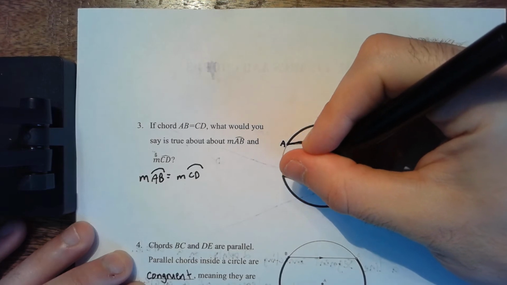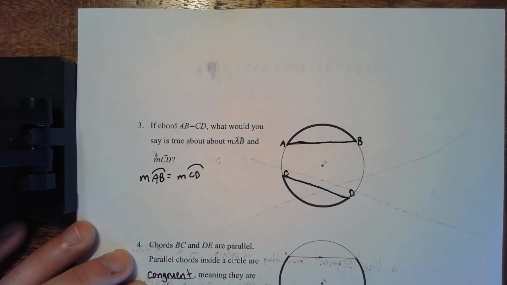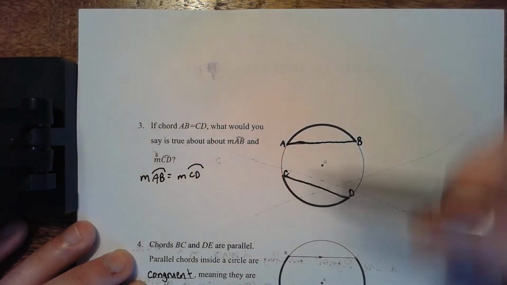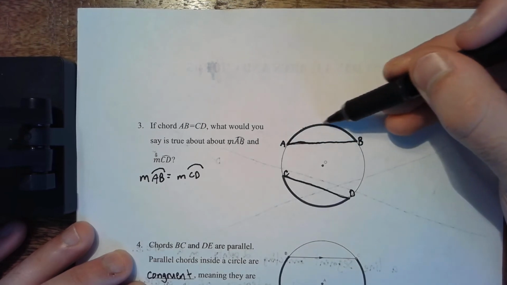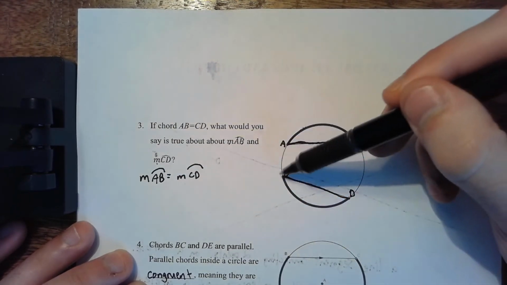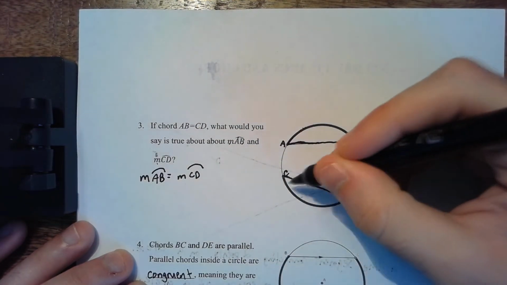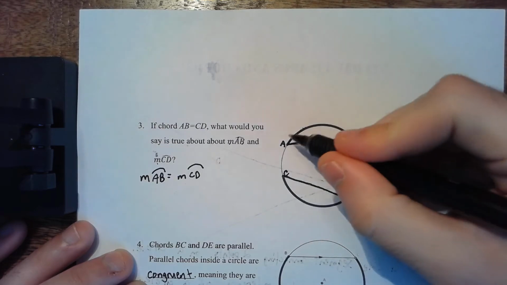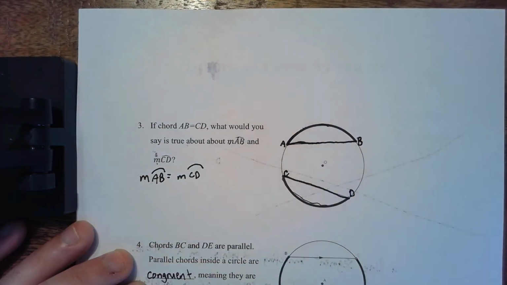equals this chord, meaning if chord AB and chord CD are the same distance, what would you say is true about the measure of arc AB? So the arc AB is this guy, and the measure of arc CD. So if AB equals CD, the chords that is, what would we say about arc AB and arc CD?